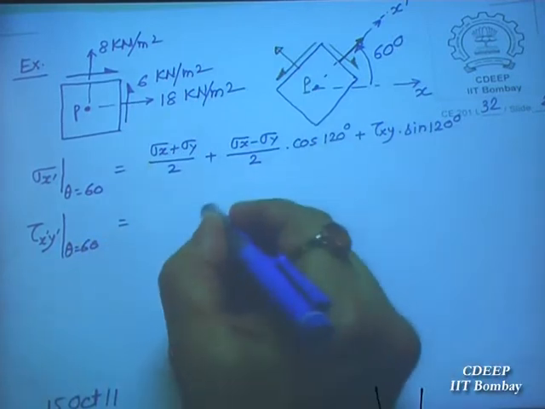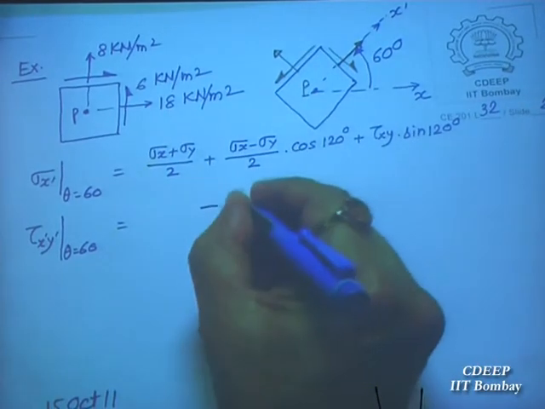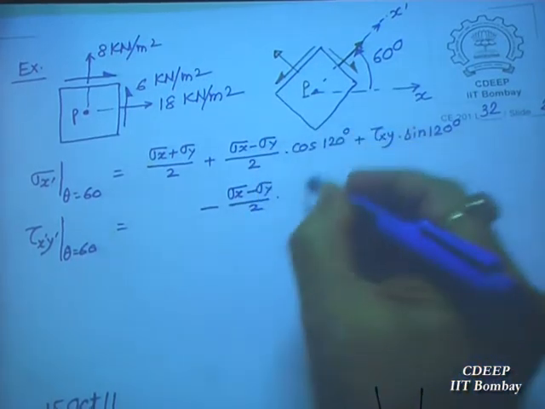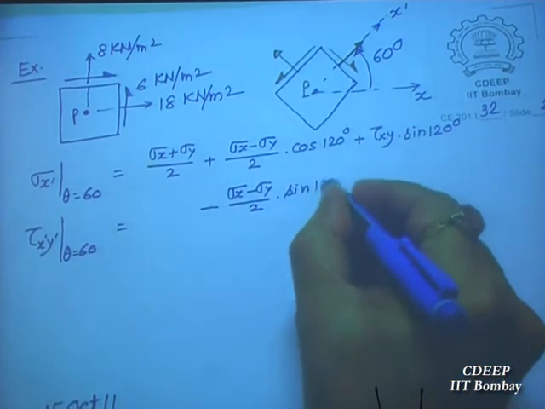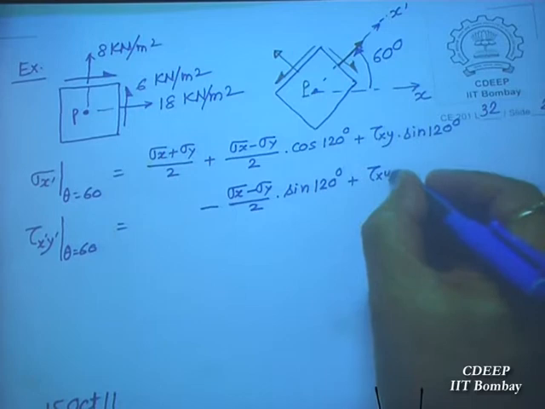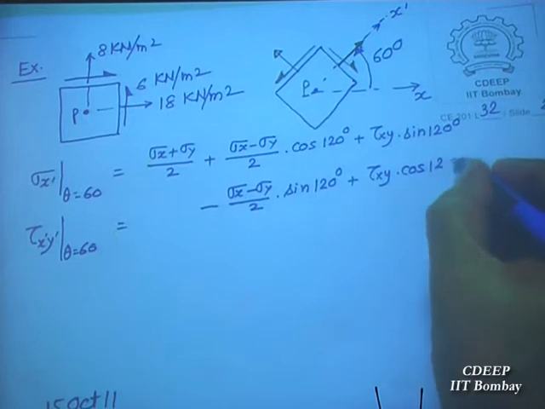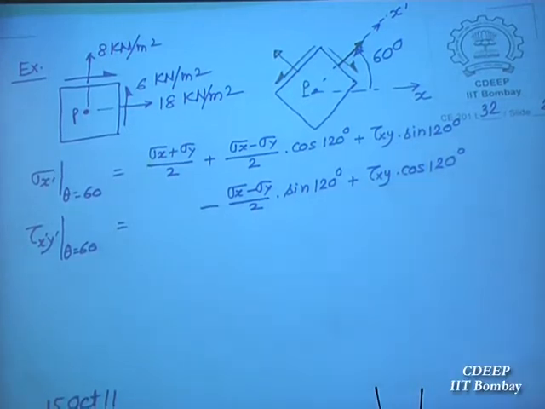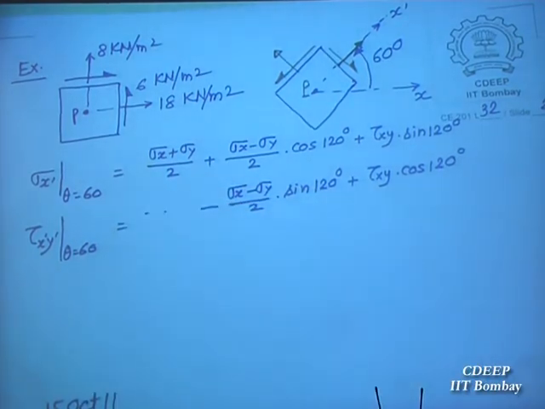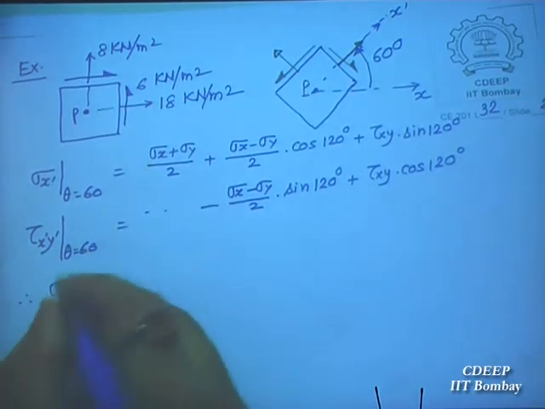So this is tau. So this turns out to be sigma theta, sigma at 60 degrees.